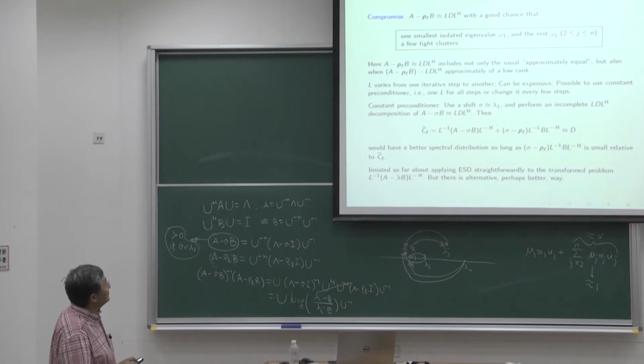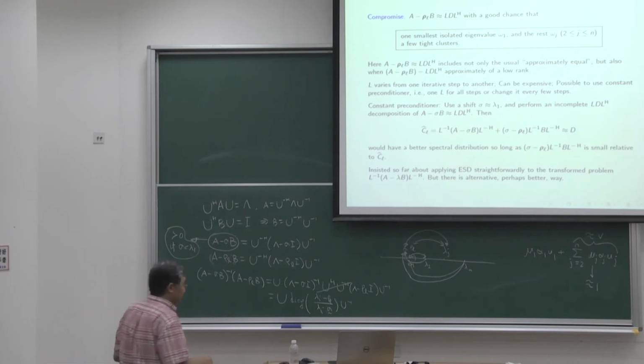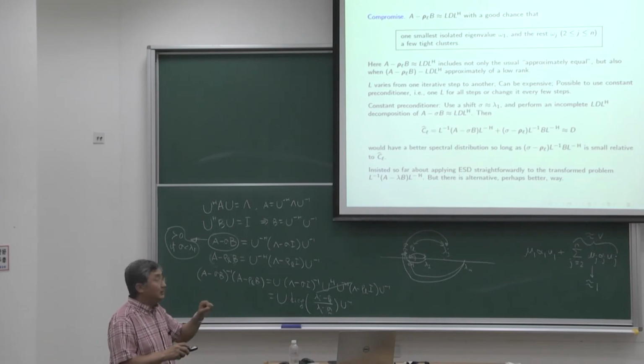All right, so what's the second idea? The second idea would be you transform the original problem by L and apply SD or extended SD. Which means every step you're going to solve a different problem, and this is what we have so far.